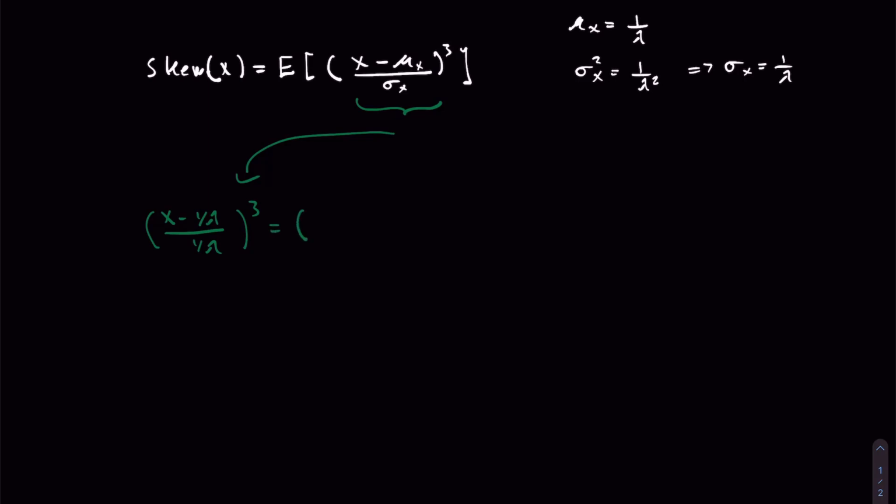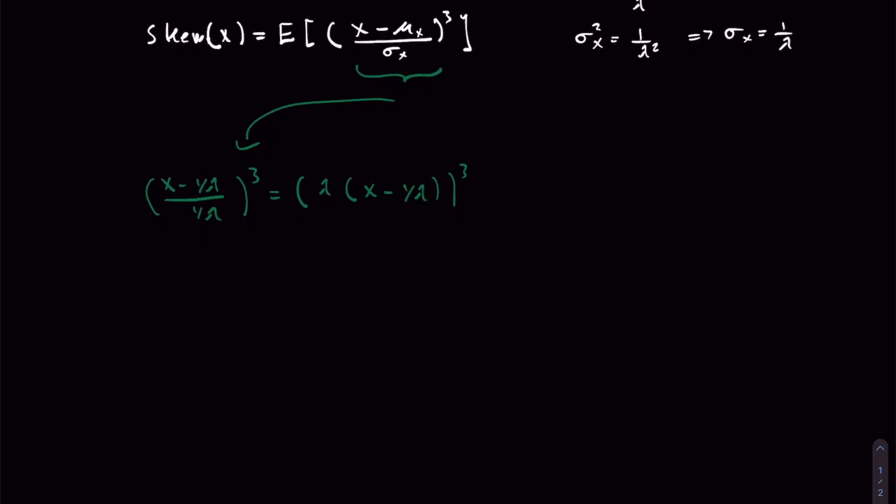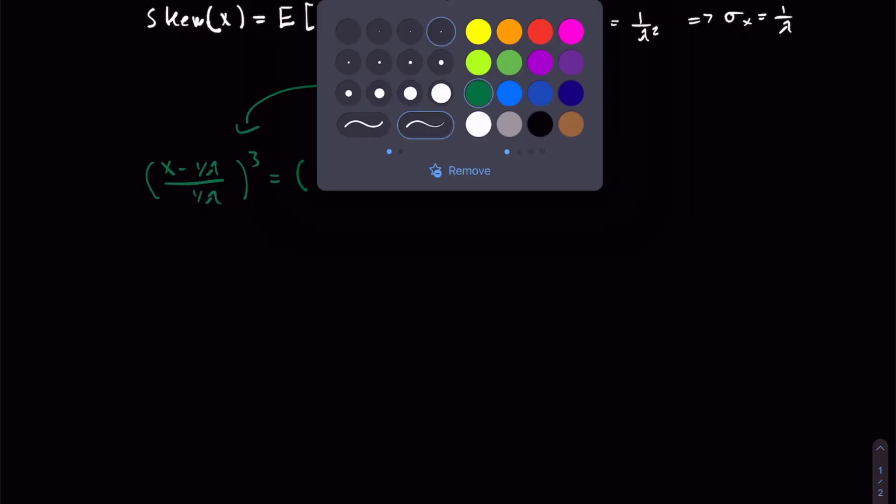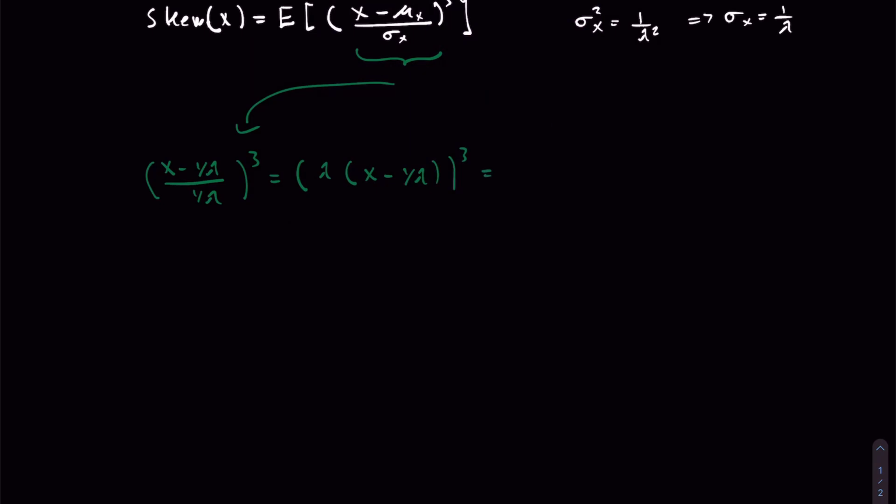And the inner part of that expression is lambda times X minus 1 over lambda. So just using the simple rules of algebra, let's multiply in lambda here to get lambda X minus 1, to the power of 3. All right, so far so good.